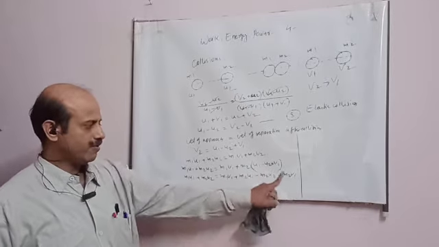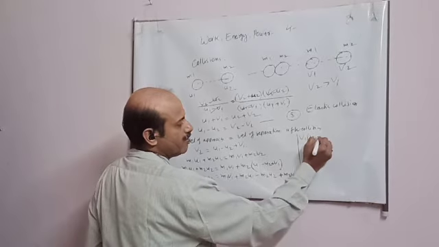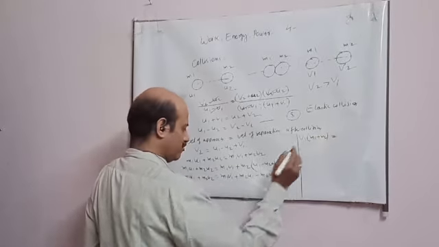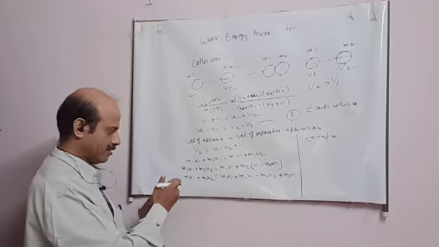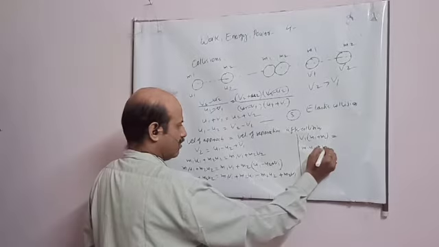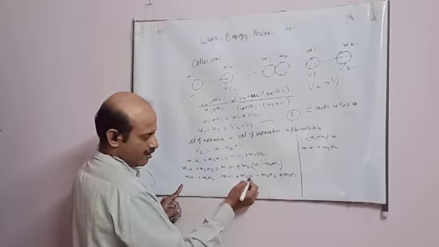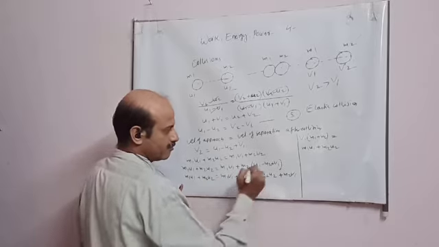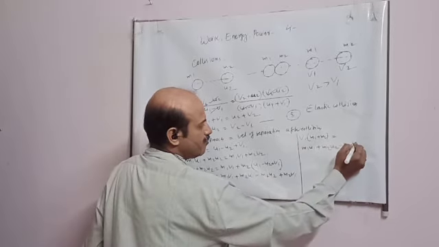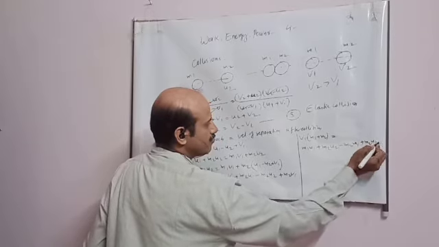I will write v1 common, m1 plus m2, is equal to the remaining terms, m1 u1 plus m2 u2, and this has to be taken this side, so minus m2 u1, and this will become plus m2 u2.